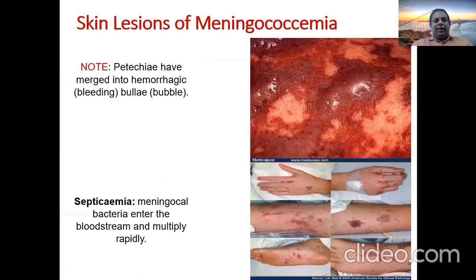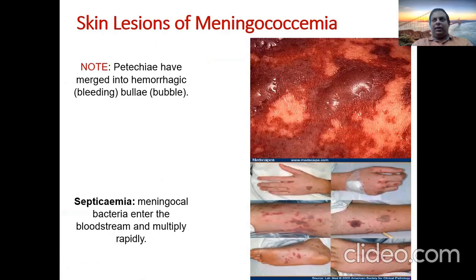Other than that, it causes meningococcal infection in our blood. It leads to meningococcal sepsis as well. It's a medical emergency. Meningitis is anyway a medical emergency, and this is associated with meningitis and sepsis.